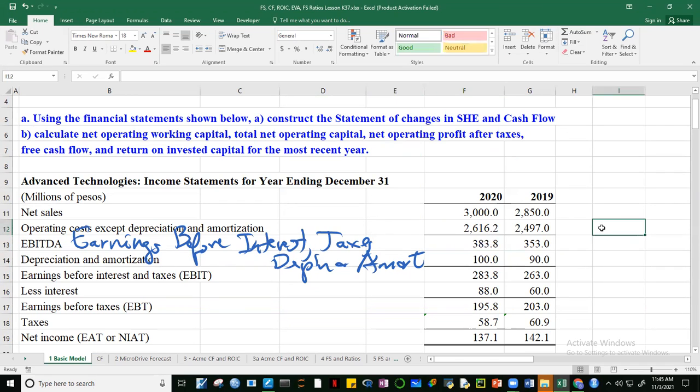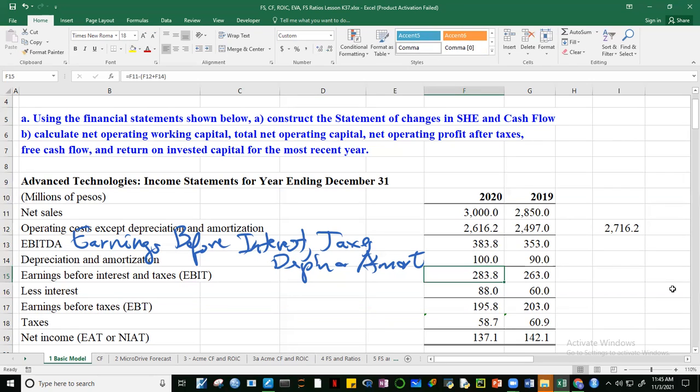Okay, where did I get to 2716? This plus this one. So our total operating cost was 2716 for 2020. Our sales was 3,000. So we were able to generate sales over and above, greater than the operating cost. That's why we have an EBIT of 283.8.